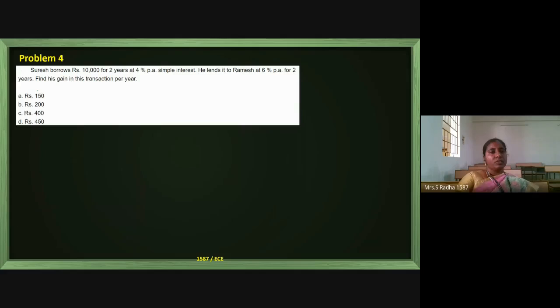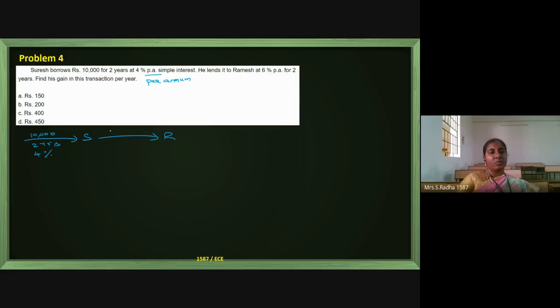Suresh borrows 10,000 rupees for 2 years at 4% per annum. PA means per annum. Simple interest is applied. He lends it to Ramesh at 6% per annum for 2 years. What Suresh is doing: he is borrowing an amount of 10,000, the time is 2 years and the rate of interest is 4%. He is giving this amount to Ramesh.